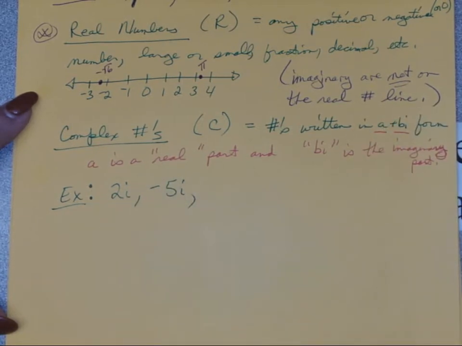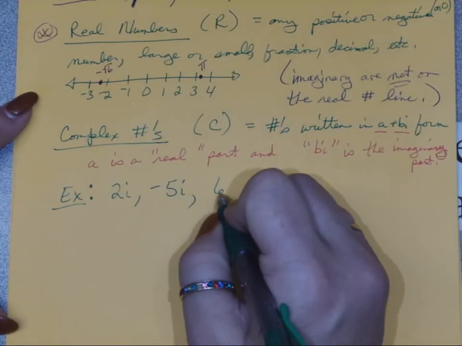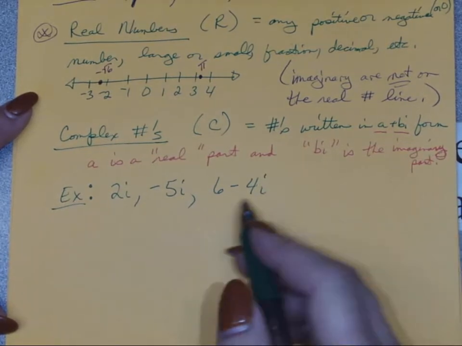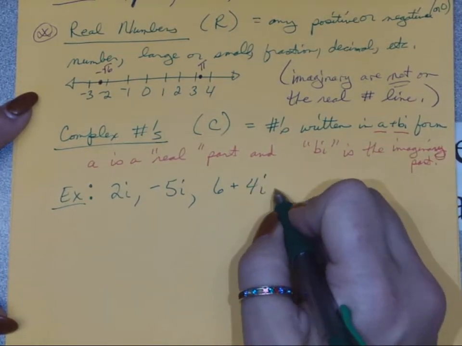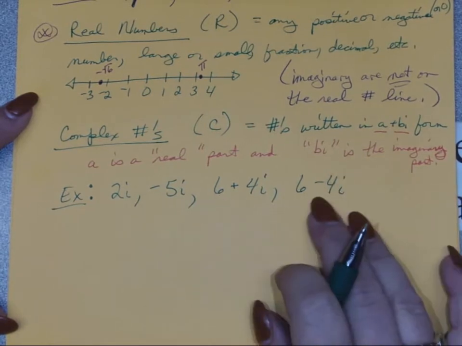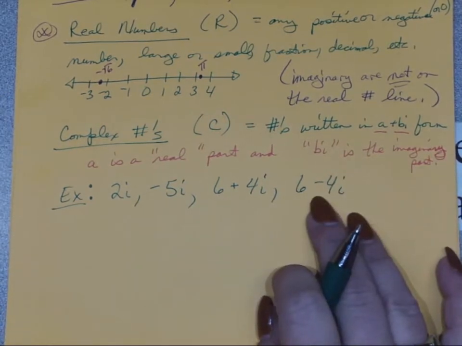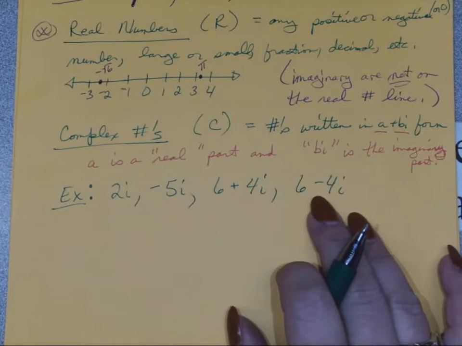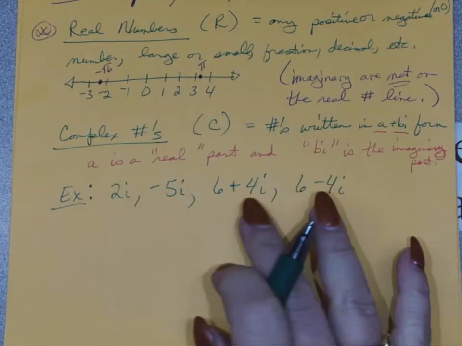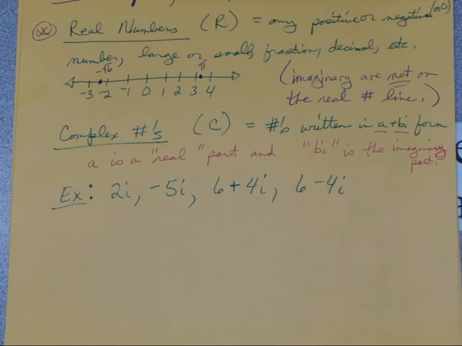If it's in the A plus BI format, then it could be something like 6 minus 4i, right? Because, well, let's make it a plus 4i, but also 6 minus 4i, because here's the plus part. Here would be the plus a negative part, right? Plus a negative 4, or just the fact that we know that addition and subtraction are opposite operations.